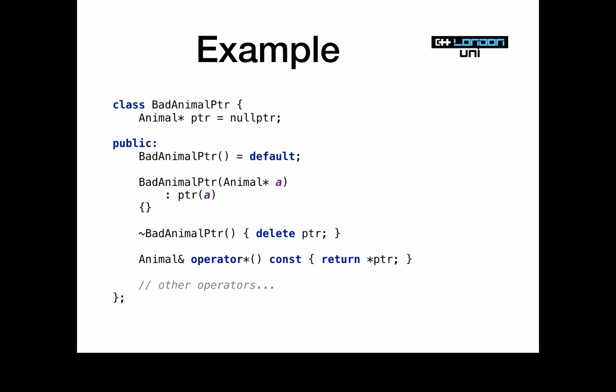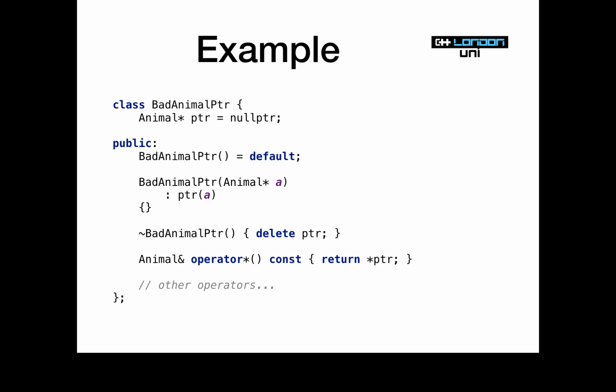The point is to remember that a pointer is a value object, so we can have a const pointer, that is a pointer whose value can't change after you've initialized it. You create a const pointer and it points to this object and you can never change what that pointer points to. But here you can't change the operator. So this means we are allowed to call this operator on const instances of BadAnimalPointer.